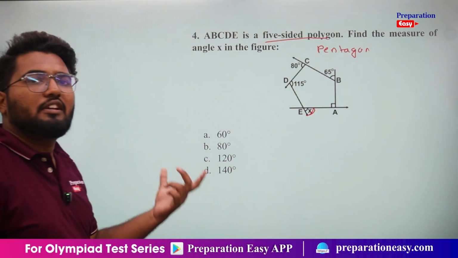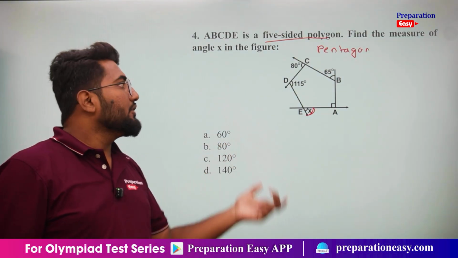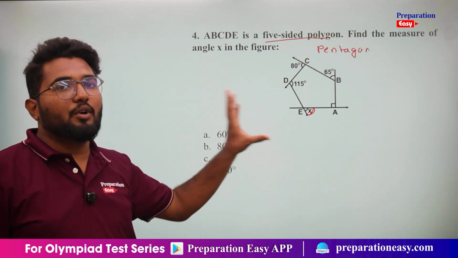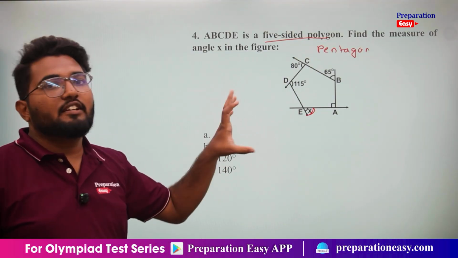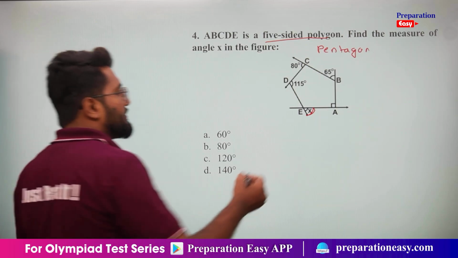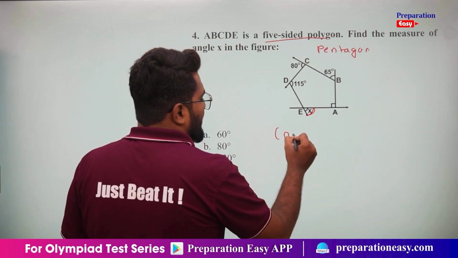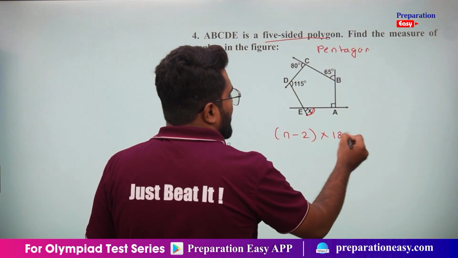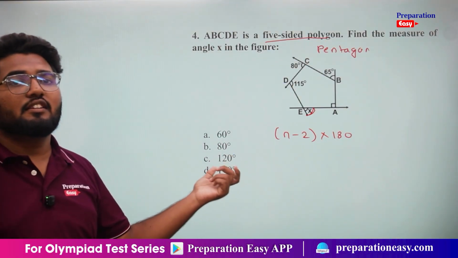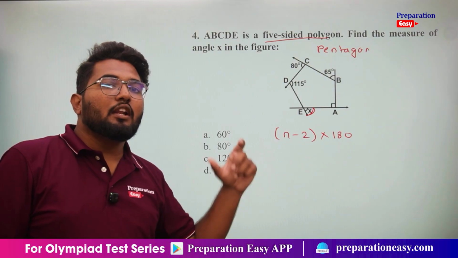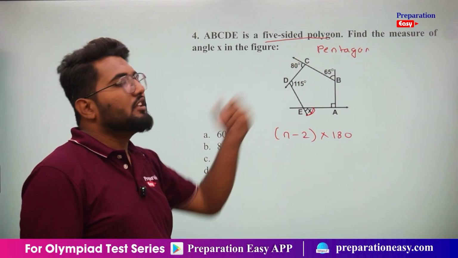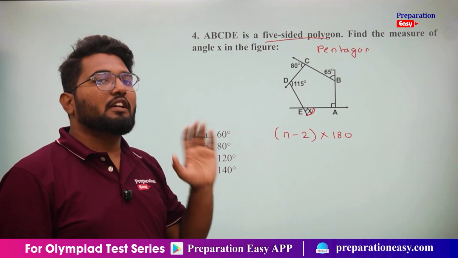Before calculating the angle x, we have to find the total angle sum of the 5-sided polygon. The formula is (n minus 2) multiplied by 180. What is n here? n means the total number of sides, which is 5.